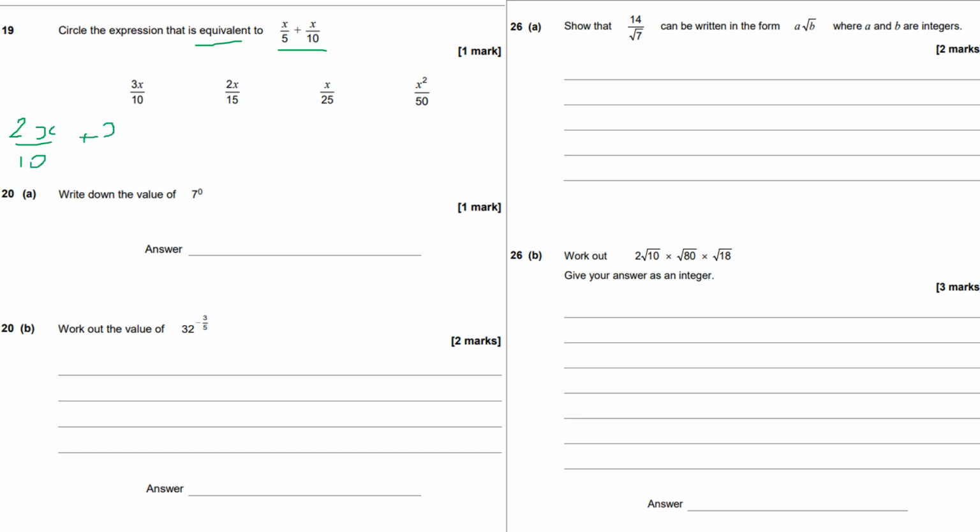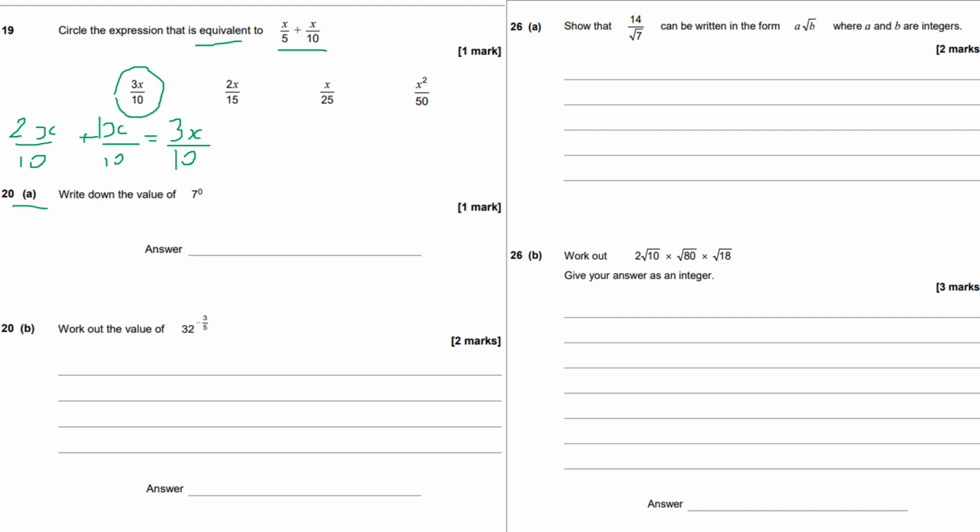When I add fractions, I've got to have the same denominator, and I just add the numerators, so collecting like terms, 2x plus x equals 3x over 10. Because you are adding 1x, remember. 2x add 1x equals 3x, so your answer is 3x over 10.